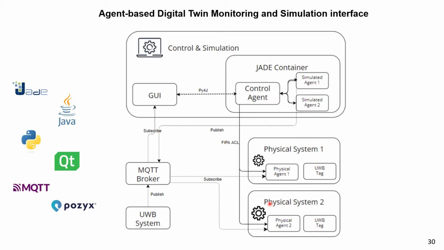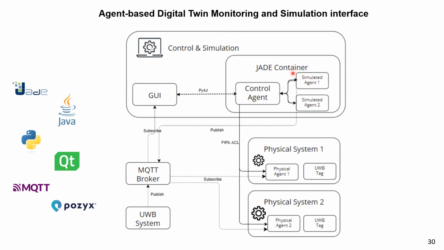And as you can see, we have here the physical agents connected to an ultra-wideband tag, which generates the coordinates of the current tag and sends them to the control agent.